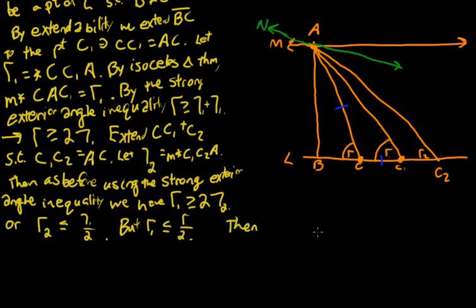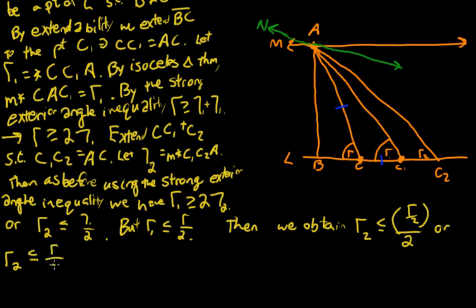So then we obtain gamma sub 2 is less than or equal to gamma over 2 and all that over 2. Or we can also put that as gamma sub 2 is less than or equal to gamma divided by 2 squared.